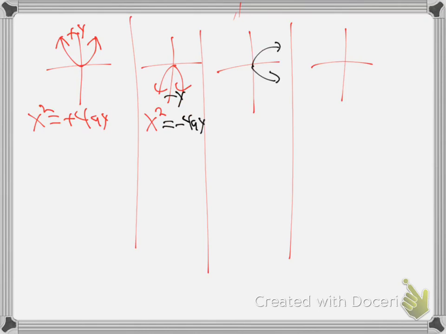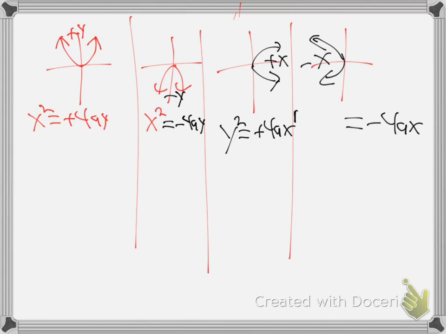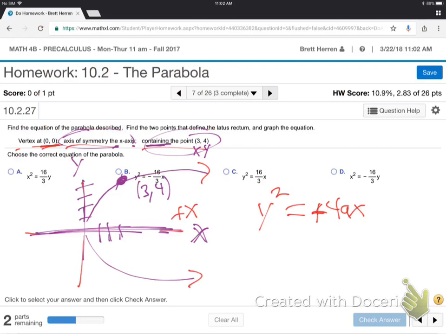If it goes right, that's the positive x, so y squared is positive 4ax. See the first power? And if it goes left, that's the negative x direction, so y squared is negative 4ax. So see how the first power letter always tells the direction, right? Positive y to the first, up. Negative y to the first, down. Positive x to the first, right. Negative x to the first, left. All right, so you'll have that in your 3x5 card. So coming over here, as soon as we go right, we go, okay, it's y squared is positive 4ax.